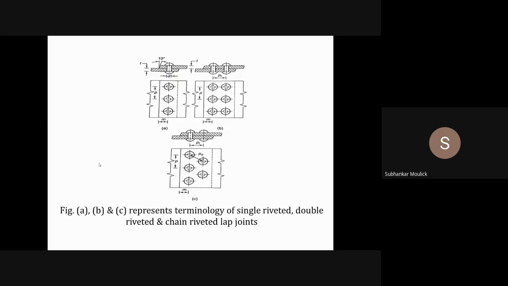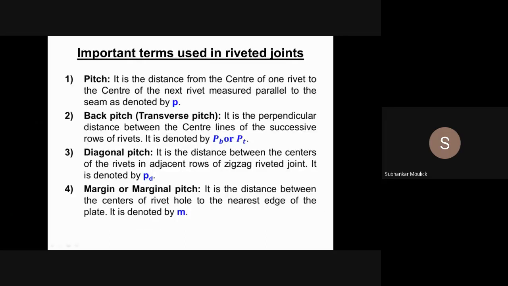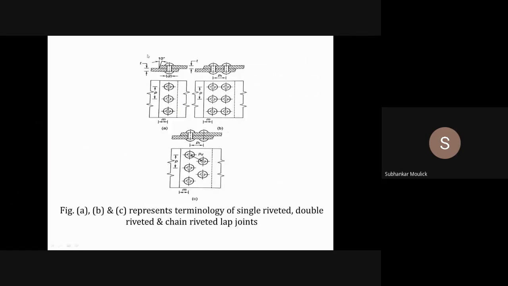So let us understand one by one what are these terms. If you see, I am having a rivet joint, that is figure A, B and C. A represents a single riveted lap joint. This is a double riveted lap joint.